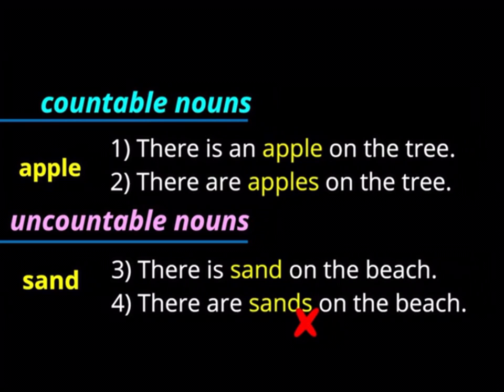It's counted as one, and we would never say there are sands on the beach. We can't pluralize it. So if you can determine if the noun is a countable or uncountable noun, you'll be able to use quantifiers with no problem whatsoever.